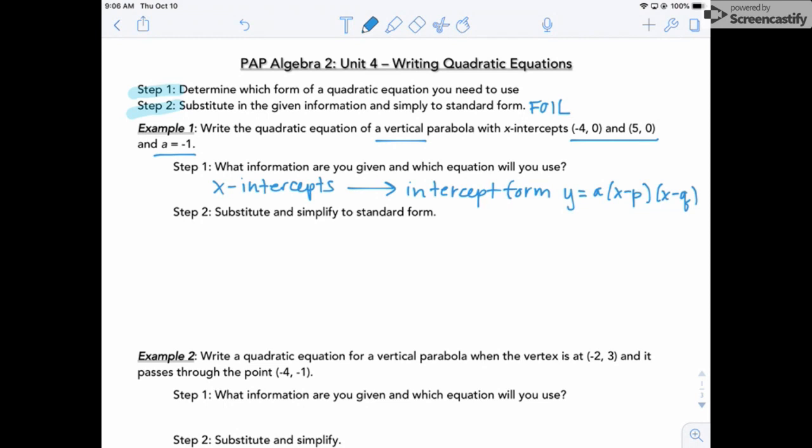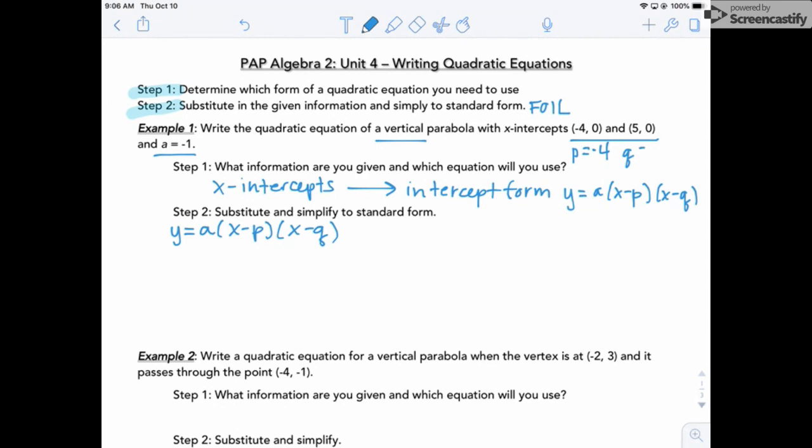So like I said, our intercept form, I'm just going to rewrite it, is y equals a times (x minus p) times (x minus q). So what I have already is a p and a q. So up here, your x-intercepts, -4 and 5, right? So p is -4, so we know it's going to be the opposite when we plug it into the equation.